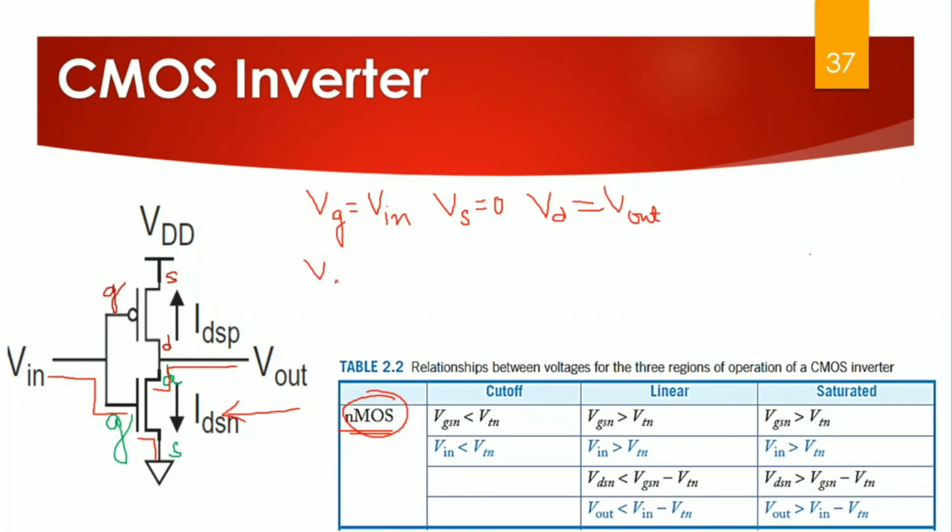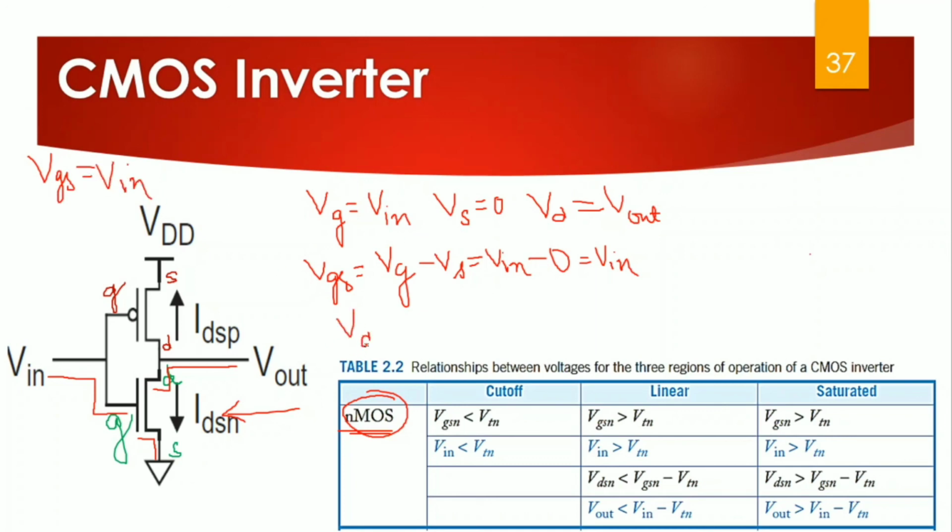Now, VGS is equal to VG minus VS. VG is Vin, and Vin minus 0 is equal to Vin. So VGS is equal to Vin.